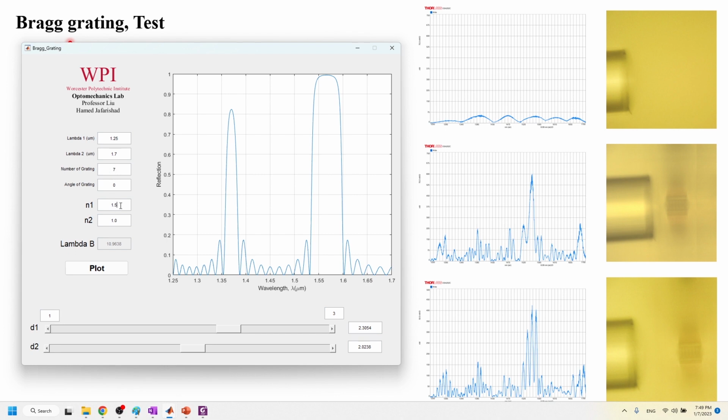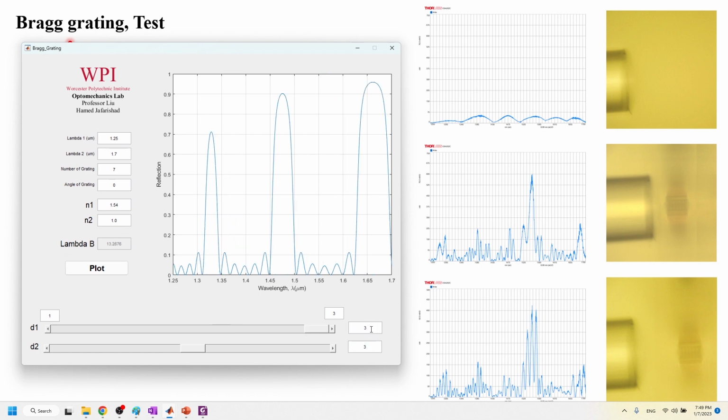And the refractive index of IP-Dip that we used for the printing with the Nanoscribe is 1.54, and for air the refractive index is 1. So for the grating, here we have 3 and 3 for both.